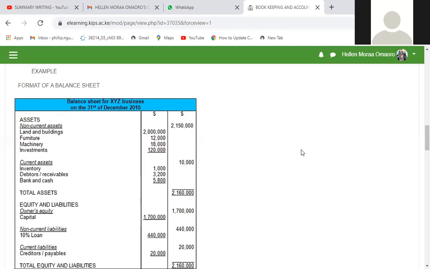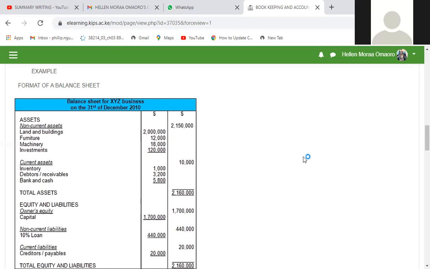It is for you to calculate. You get the total assets, then you raise the liabilities for you to get capital. So you can use the equations which we run for you to get the missing figure. But make sure after preparing the balance sheet, the total assets and the total equity and liabilities are the same.